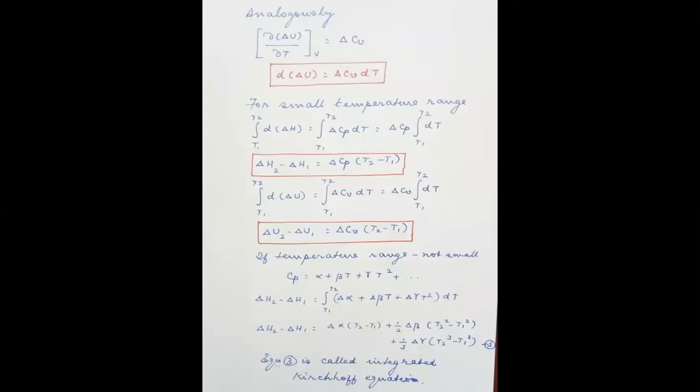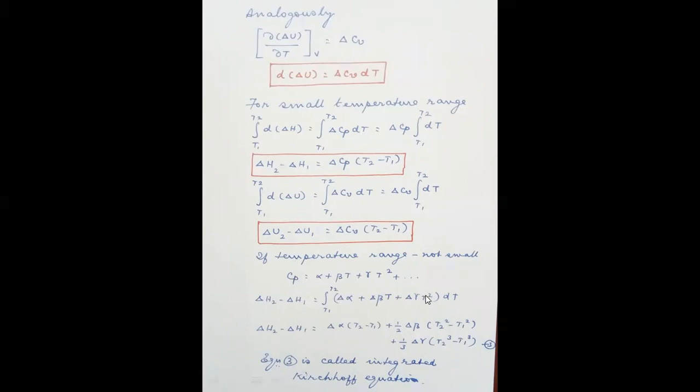So the Cp can be written in the form of alpha plus beta T plus gamma T square and so on. So when you substitute the Cp in the place of delta Cp here, what will happen? The entire term comes into the picture. Delta alpha, delta beta T plus delta gamma T square, everything comes into the picture. Now what happens? The Cp itself becomes a function of temperature.